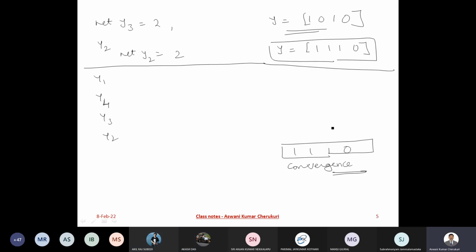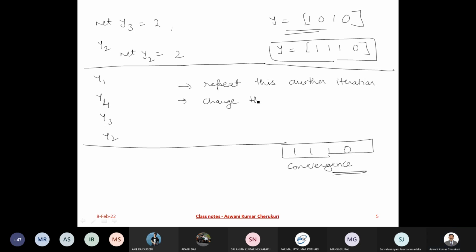Okay. So what I suggest you is to go back once the session is done and do the next iteration. Repeat this for another iteration. Second thing is to change the order, and see how the network is able to converge, whether it converges in the same way or not.